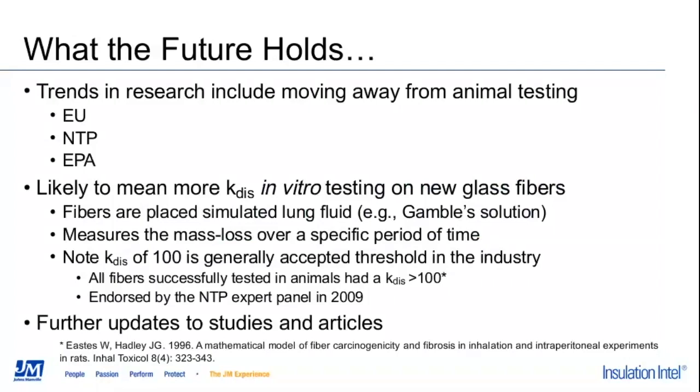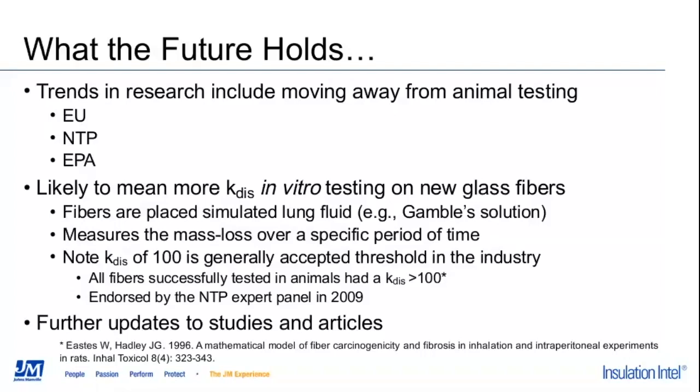There's a fairly large effort at the National Toxicology Program here in the U.S. looking at ways other than animal testing to assess the hazards of chemicals and exposures. For fiberglass and mineral wool, this is likely to mean a lot less in vivo testing and a lot more in vitro testing. And Kim covered what that meant early on.